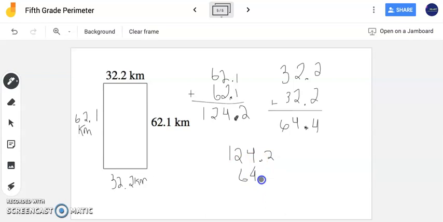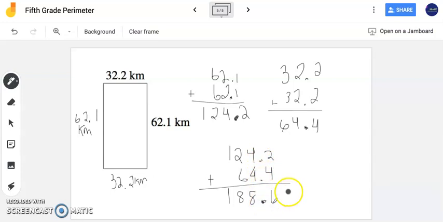Notice I took this into steps, which is absolutely fine. This is a process. The answer is not going to instantly come. You need to write this out so you are able to solve correctly. 4 plus 2 is 6. The digits in my ones place, 4 plus 4 is 8. Tens is 6 plus 2 is 8, and my hundreds is just a 1. Looking at my decimal point in my question and bringing it down to my answer.